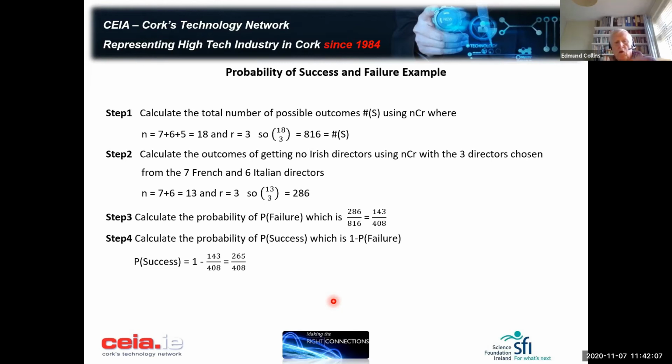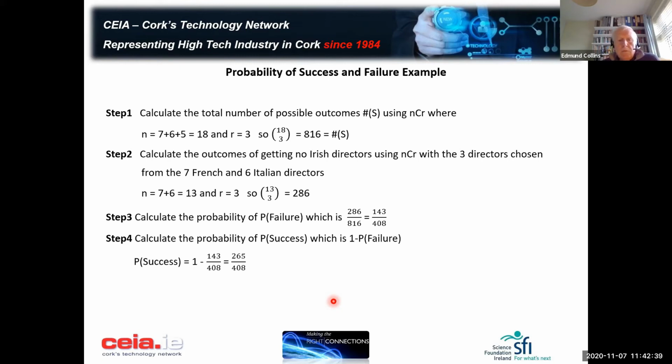We're going to ignore the 5 Irish directors and just deal with this sample space of the 7 and 6. So n is 7 plus 6, which is 13. But again, we're picking 3, so r is the same at 3. So the nCr here is 13 choose 3, and that works out at 286.